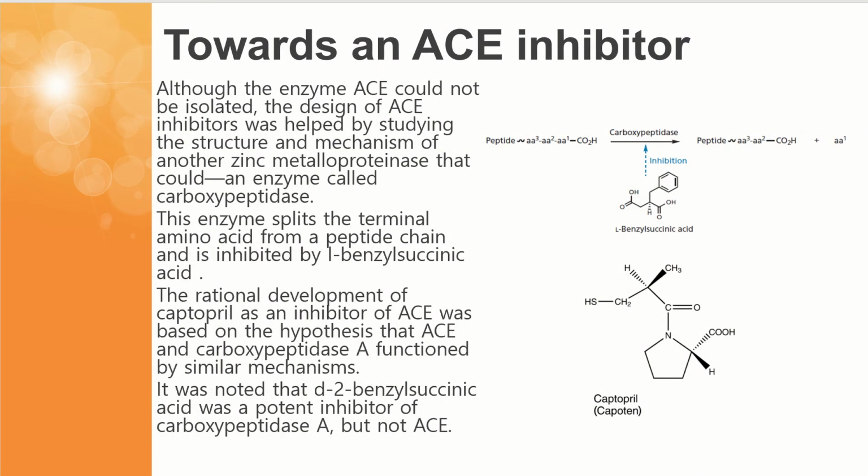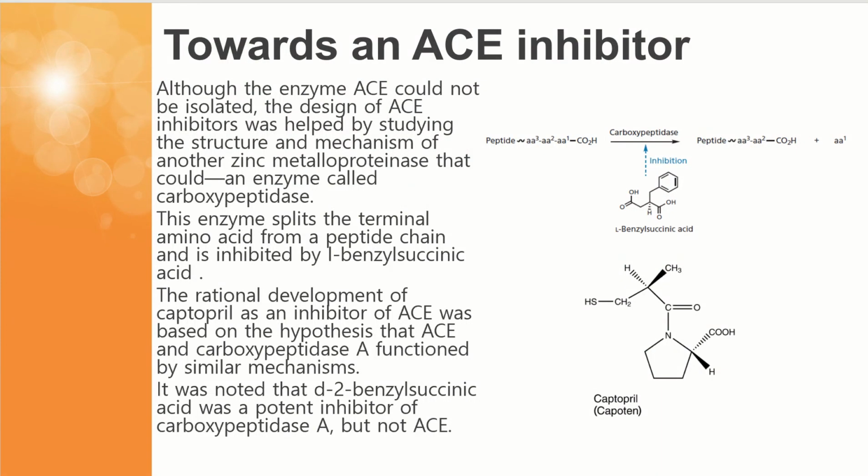So again, we try to look at where it started, and then hopefully we can get a better appreciation for the process of discovery. So towards an ACE inhibitor, although the enzyme ACE could not be isolated, the design of ACE inhibitors was helped by studying the structure and mechanism of another zinc metalloproteinase, an enzyme called carboxypeptidase, right?